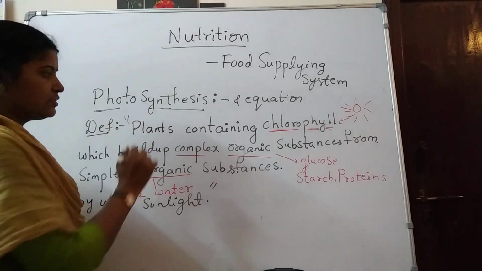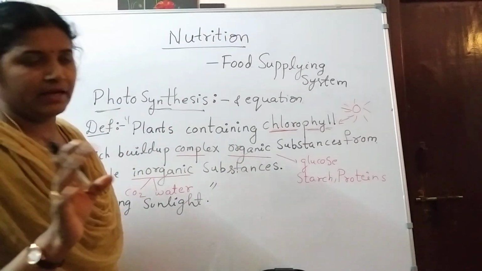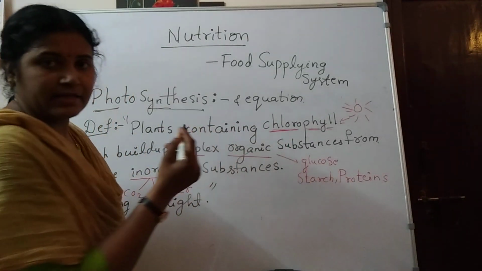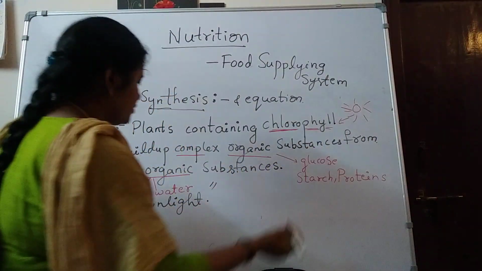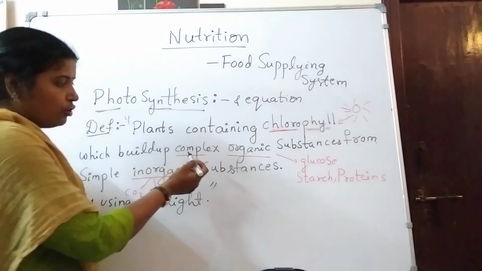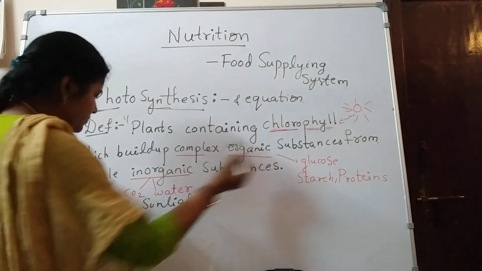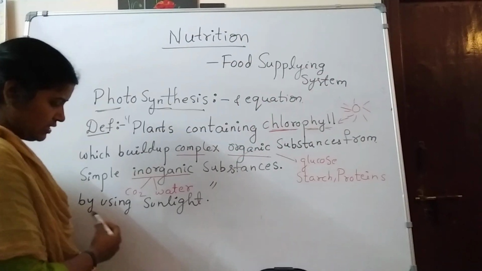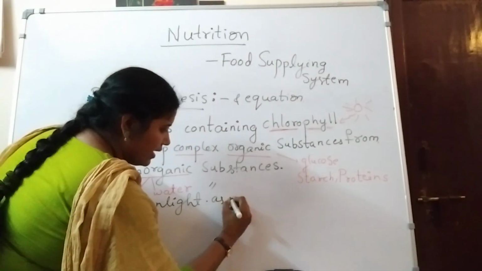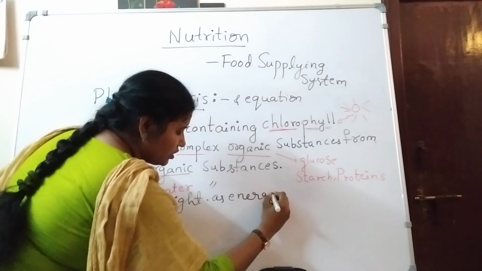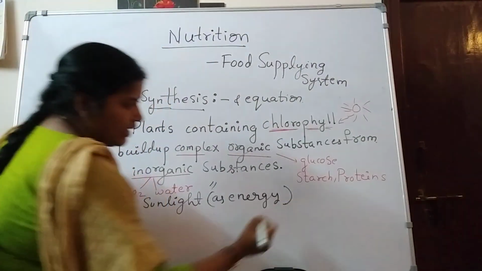So photosynthesis means all the plants containing chlorophyll as a photosynthetic pigment, which is responsible for absorption of sunlight, and which build up complex organic substances from simple inorganic substances by using sunlight as energy source.